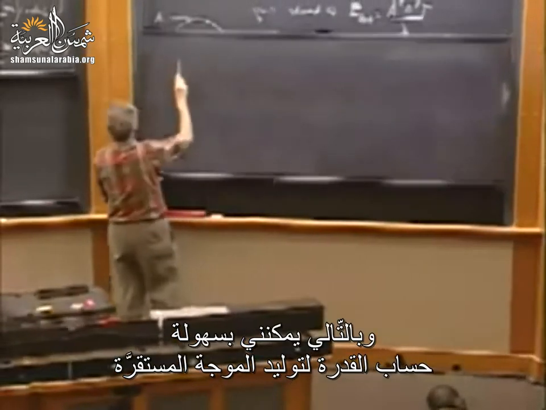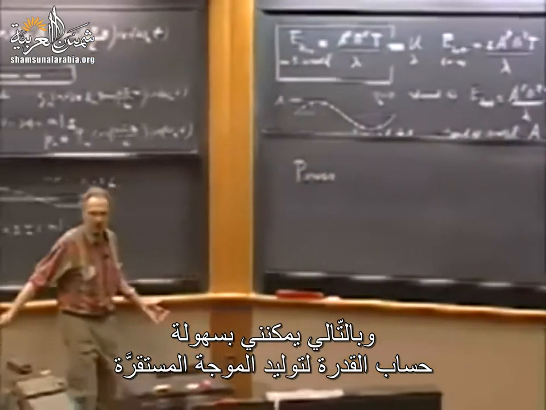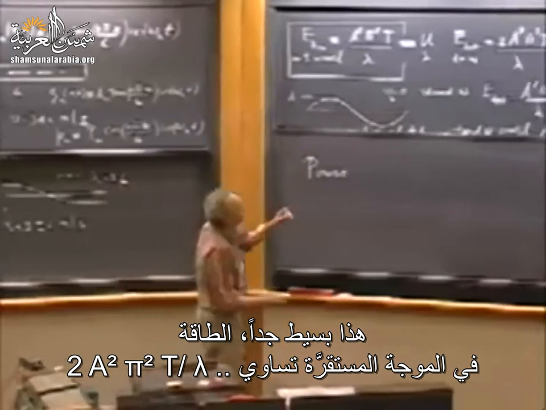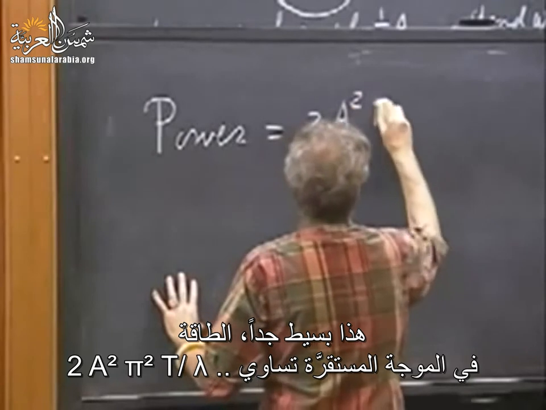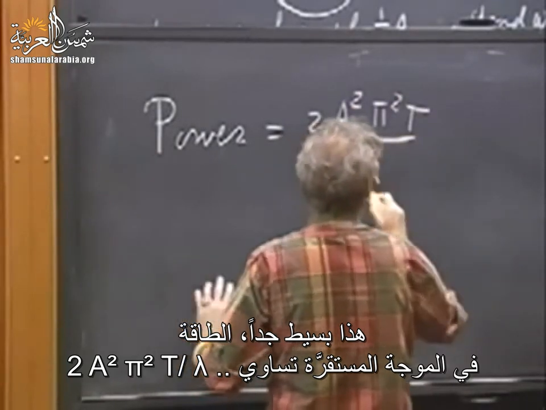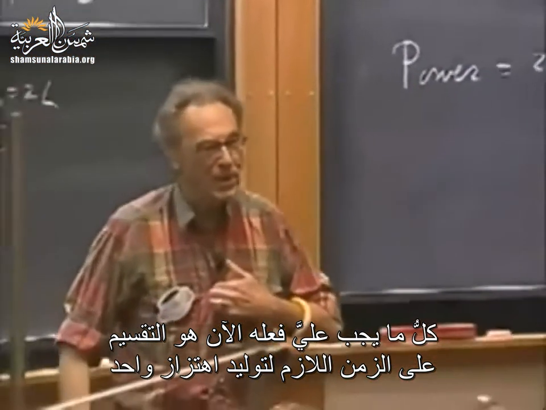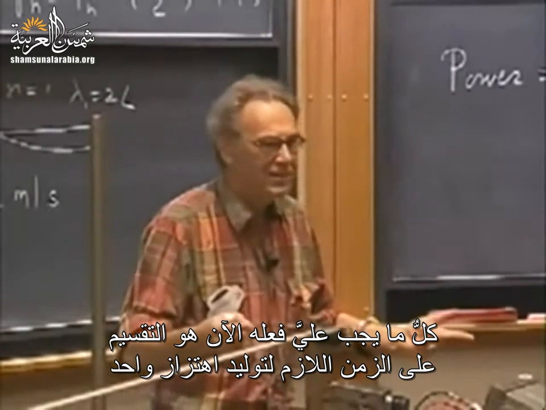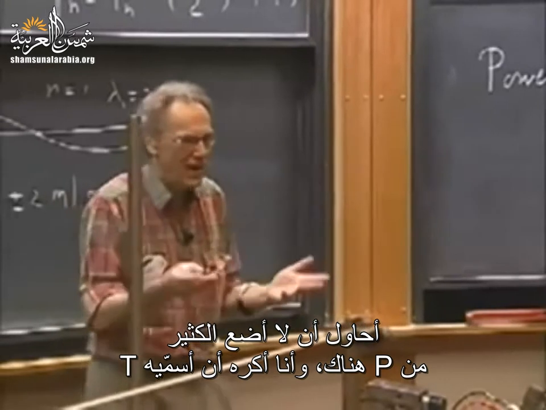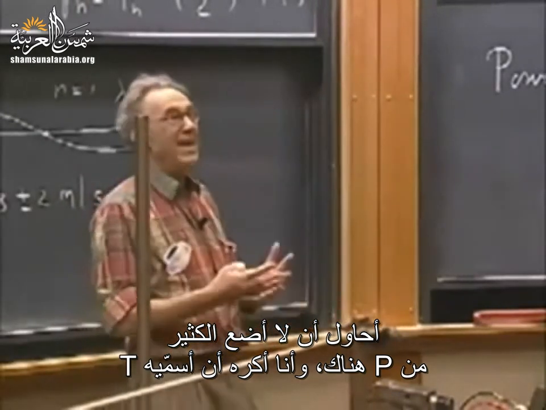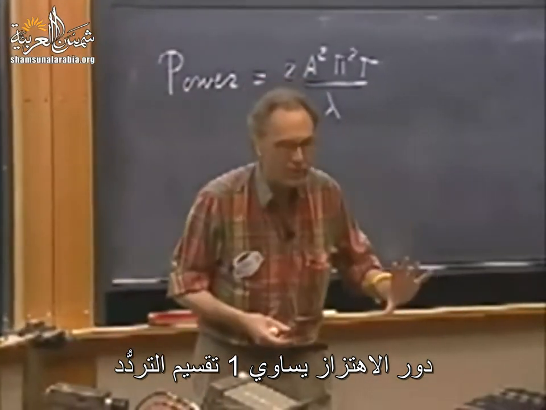And so I can now very easily calculate for you the power to generate a standing wave. That is utterly trivial, because the energy in the standing wave is 2A squared pi squared t divided by lambda, and all I have to do now is to divide it by the time that it takes me to generate one oscillation. So that's the period of the oscillation. And the period of the oscillation is the same as 1 over the frequency.